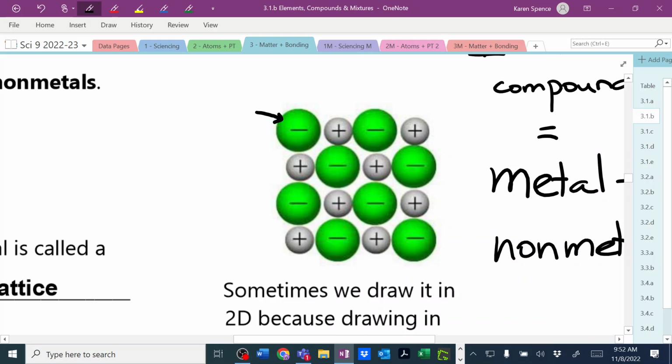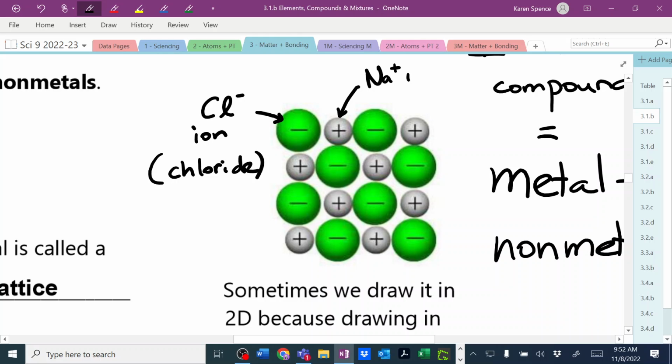This one here is a chloride ion, Cl minus, chloride. And this is our Na plus ion, sodium.